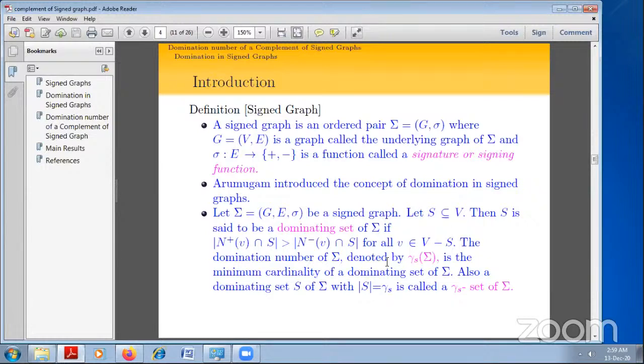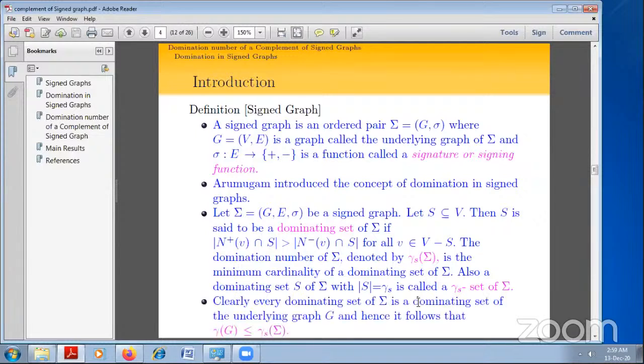The domination number of Σ is denoted by γ_S(Σ) and is the minimum cardinality of a dominating set of Σ. Any dominating set of Σ with cardinality equal to γ_S is called a γ_S-set of Σ.